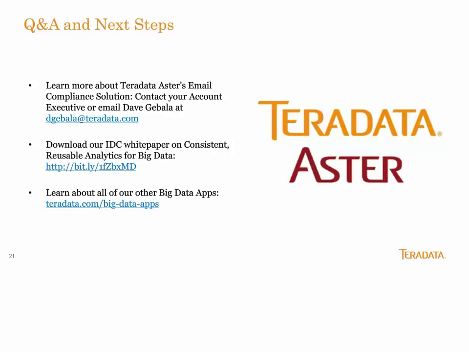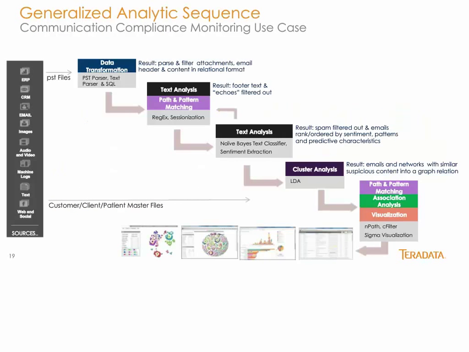Does the solution only work on email files, or can it be used against other types of messages? I will go back to a slide right here and give you the input on the sources on the left. There are multiple types of sources that this analytic process will work against. Basically, any digital file that exists and is logging messaging could be subjected to this.